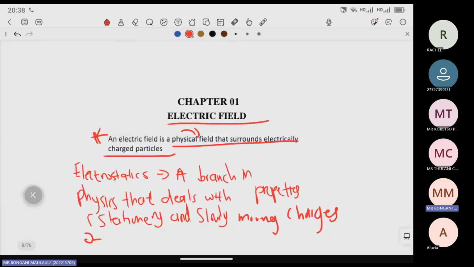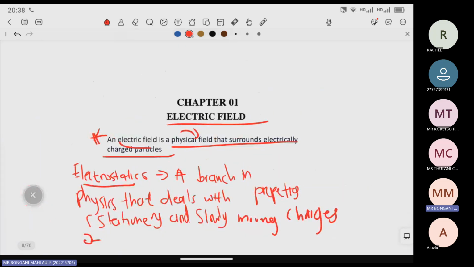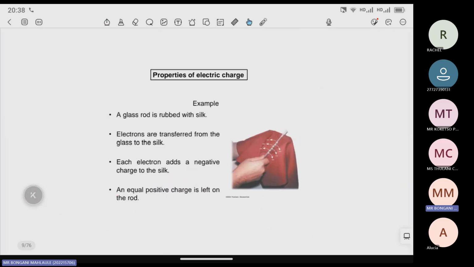So this one is the definition for electrostatics, and this one is the one for electric field. You'll check those definitions later on.